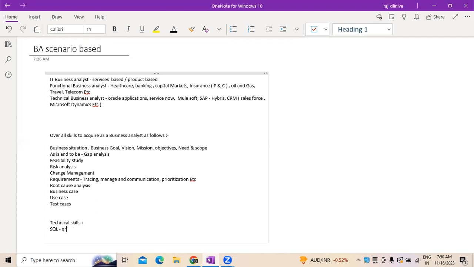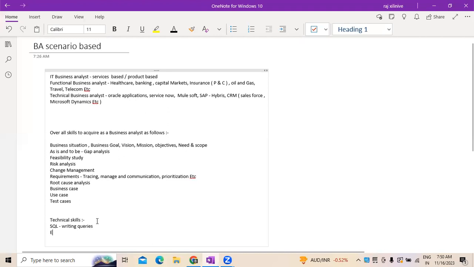Do you have experience in writing queries or not? That's what people are expecting us to have knowledge of, SQL queries and all that. At the same time, they expect knowledge of the ETL process, because of data. In reference to data, I'm talking about the ETL process: extract, transform, and load the data. So that is one thing.